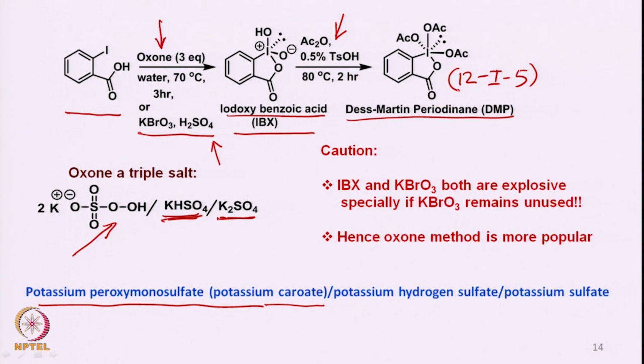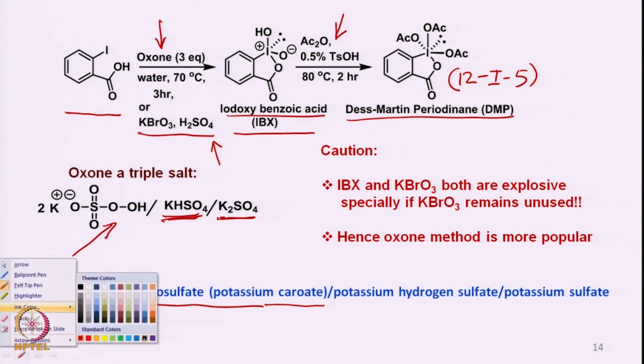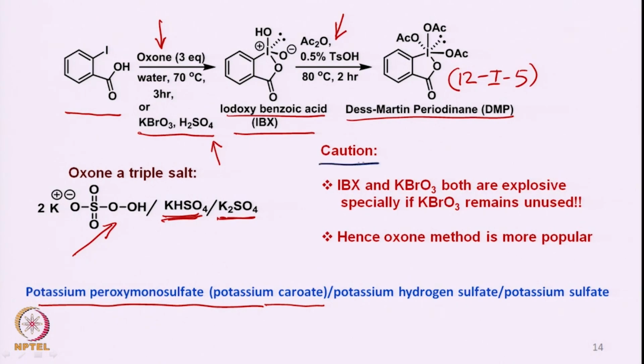Now, we need to exercise caution in this particular preparation, and that caution is that both IBX, this is the stable intermediate that is formed, called iodoxybenzoic acid, and potassium bromate, the starting material that we have used.